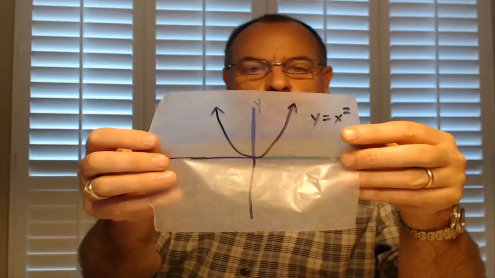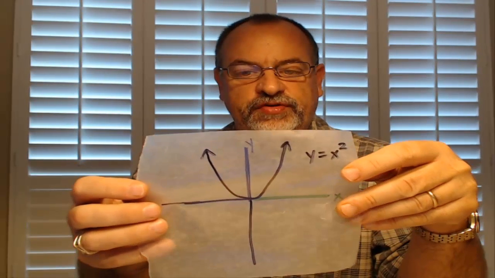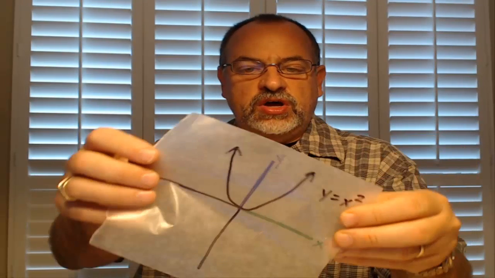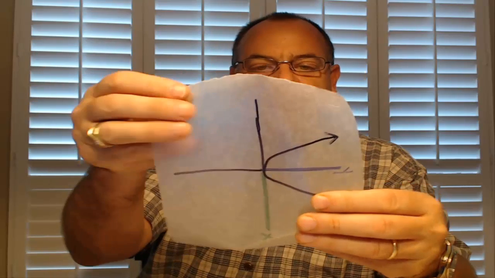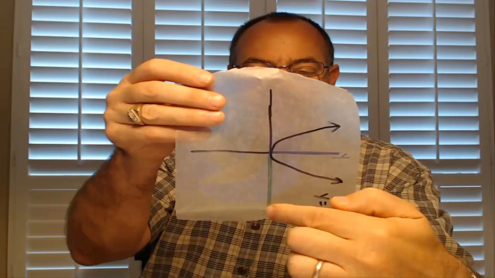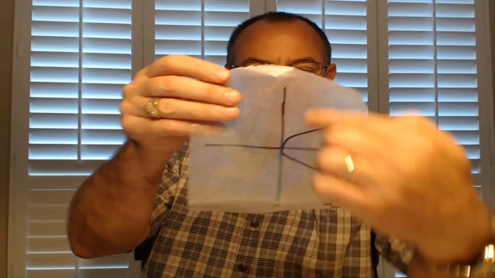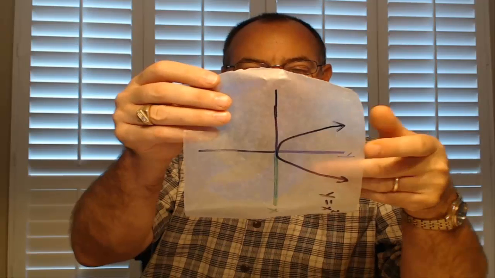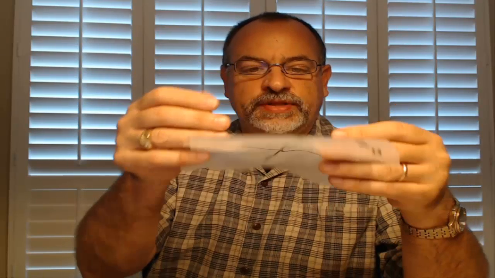Well, in order to do that from a picture, you have to think about turning this clockwise, and so now the positive y's are the positive x's, but we don't have the positive x's as positive y. We have them as negative. But we can fix that by flipping this over.